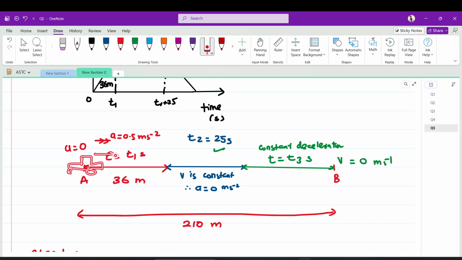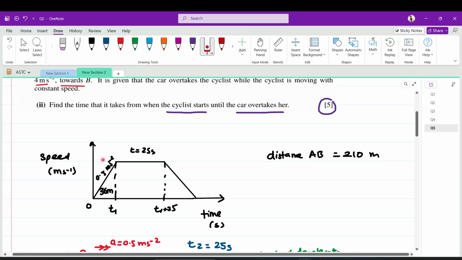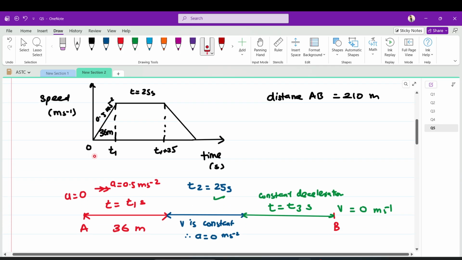Now the car is moving, and at some point the car overtakes the cyclist. You need to find out what that time is from the very beginning. That is what the question is asking, starting from the time when the cyclist left point A.